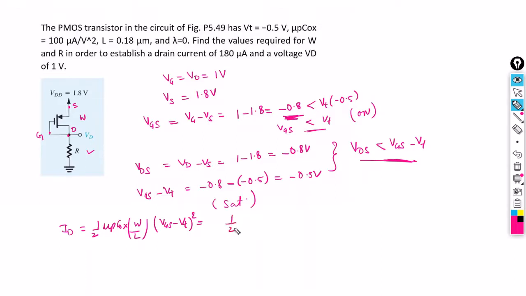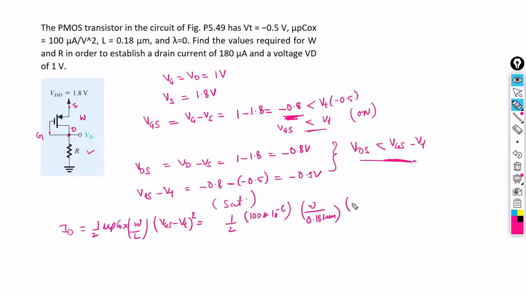Now we can put in the values of the given parameters. μpCox is 100 into 10 to the power minus 6. W by L, W we need to calculate. L is given as 0.18 micrometer.